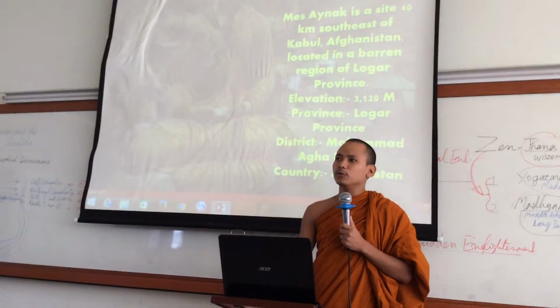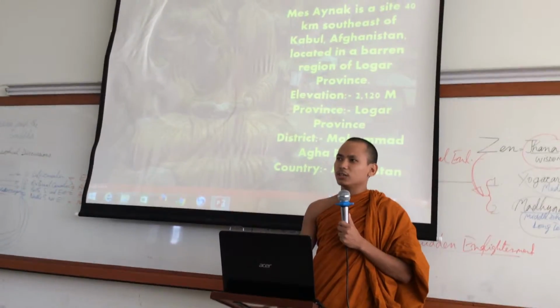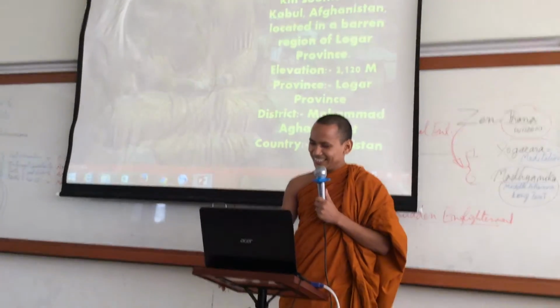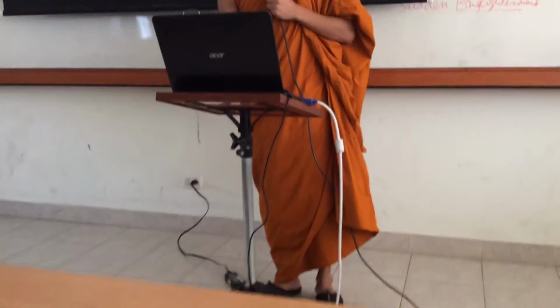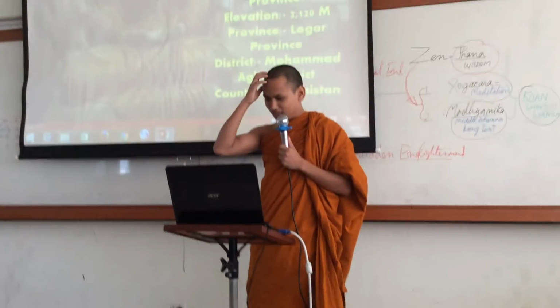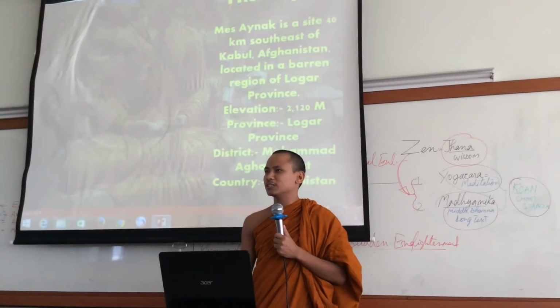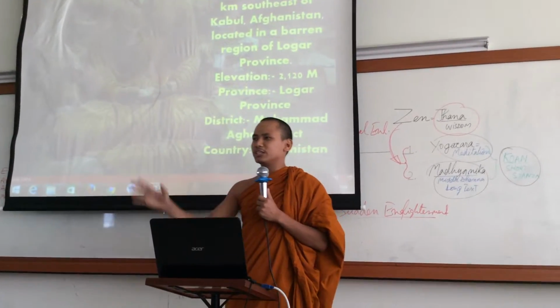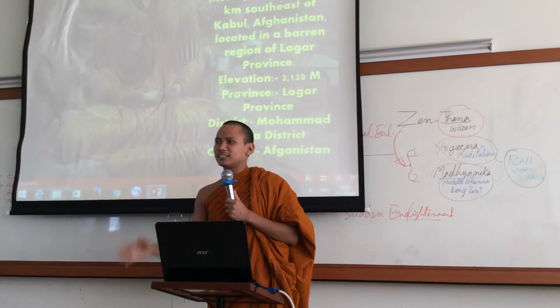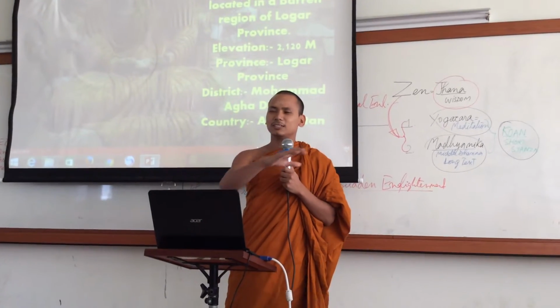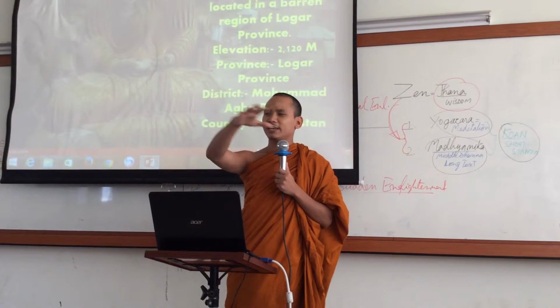South Kabul in Afghanistan. It is in a barren region of Logar province. Barren region means there is no tree, no grass, nothing. You can see the barren field, just clay.